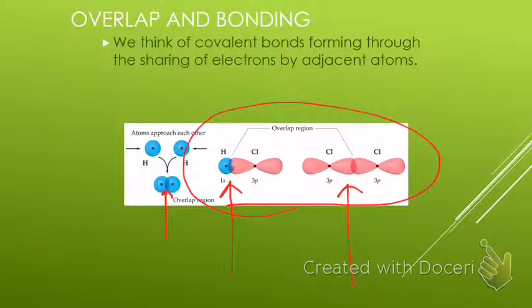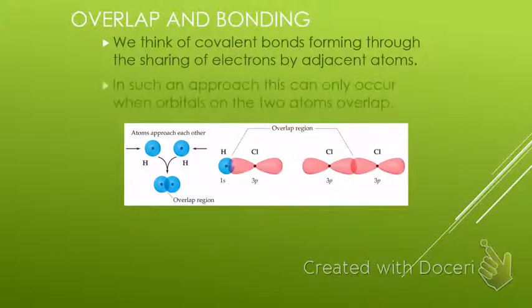But once again, we're only looking at the valence electrons. What helps hold these together is the interaction between the nucleus of one atom with the electrons of the other, and vice versa. And this can only really describe what happens when you have two atoms that overlap, and not something like methane, which is CH4.